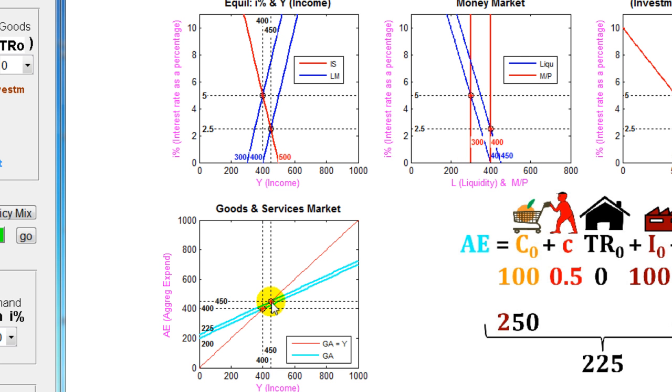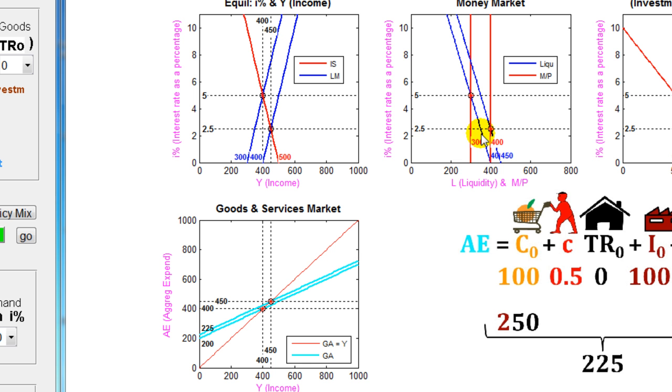Because here it is clear that the goods and services market is in equilibrium because income is equal to aggregate expenditure, and it is bound to be this way because this information comes from this intersection, and in this intersection both the goods and services market represented by the AS curve is in equilibrium, and the money market represented by the LM curve is in equilibrium as well.